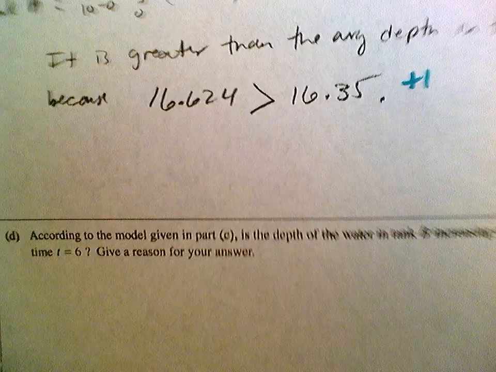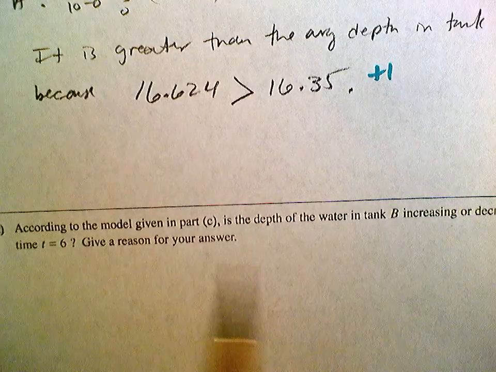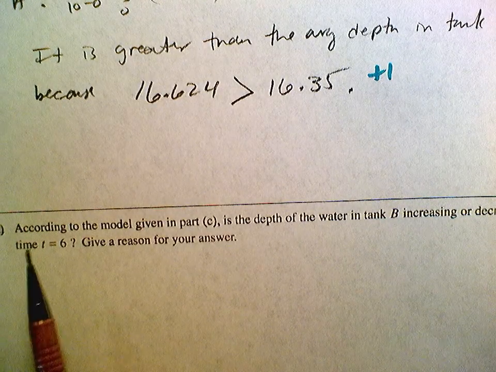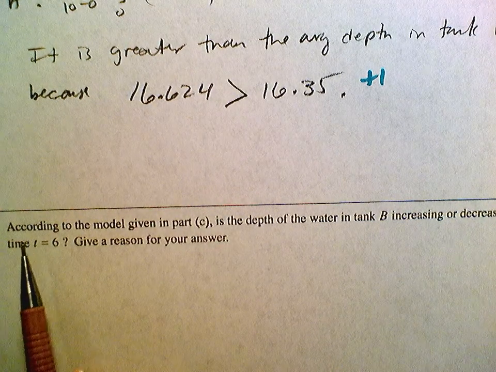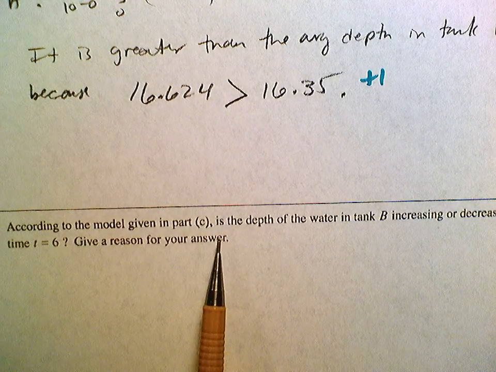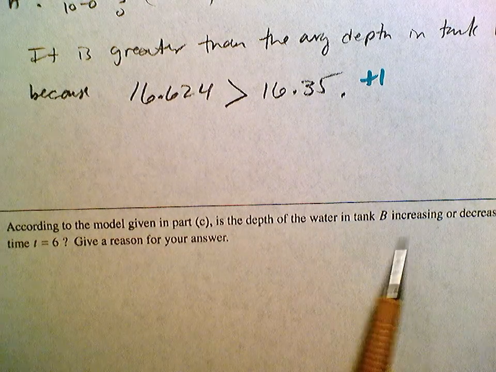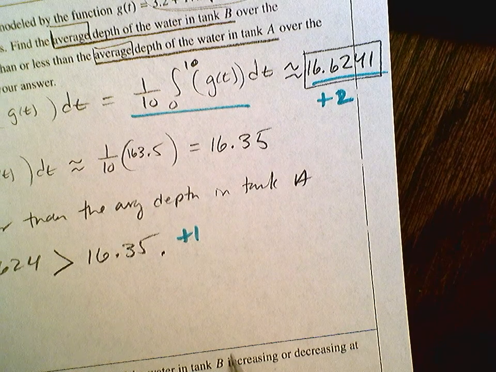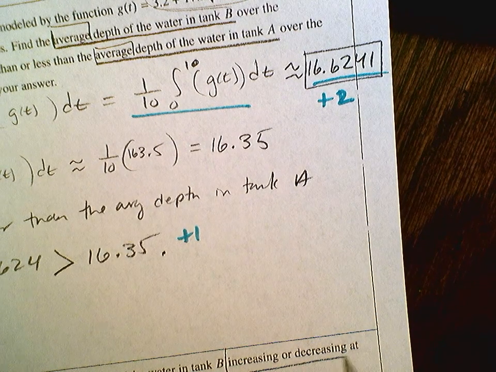And now finally, according to the model, and you could do this one absolutely. Usually D is the hardest, but this is so simple you can do it. According to the model given in part C, is the depth of the water in tank B increasing or decreasing at time t equals 6?